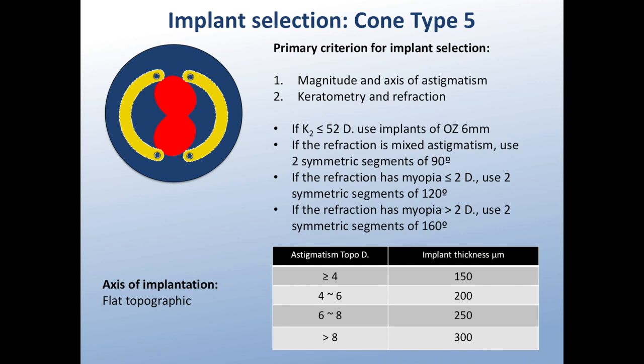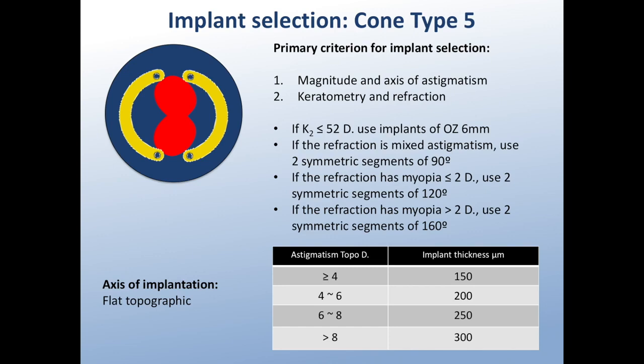And what are the parameters to understand which rings to implant? First of all, we need to see what the mean keratometry is. If it is below 52 diopters, a 6 mm ring can be used. If the refraction is a mixed astigmatism, it is necessary to use 2 symmetric segments of 90 degrees.